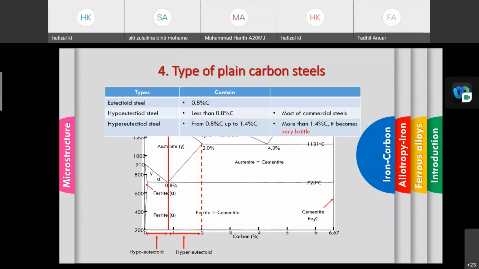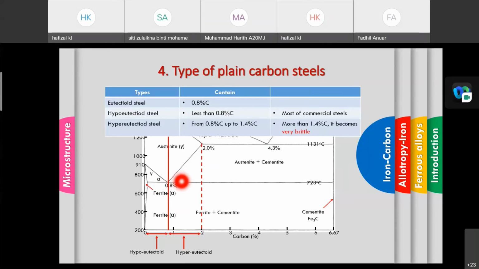So finally we will go for the types of plain carbon steel. In this area we can see the carbon content at 0.8%, whereby here we have the amount less than 0.8 and also the higher amount between 0.8 up to 2%.